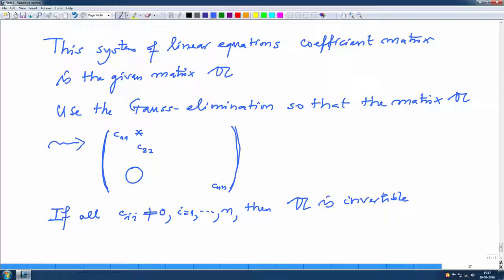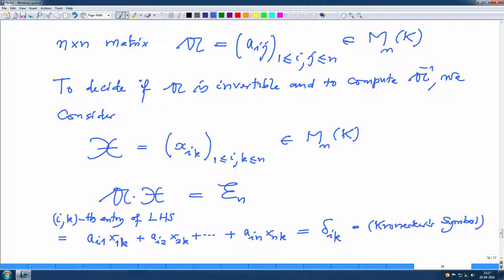So, remember what we have done is the following. Let me just go back and show you. See, we wanted to solve this equation, and we are making row operations in a Gauss elimination on the matrix A. So, the same operations we are making on the identity matrix.